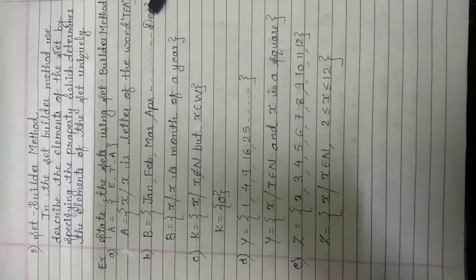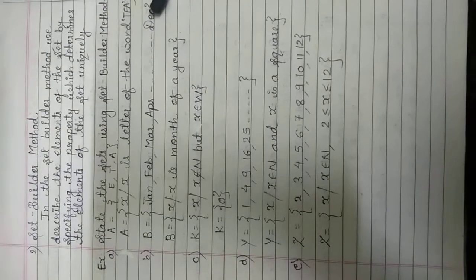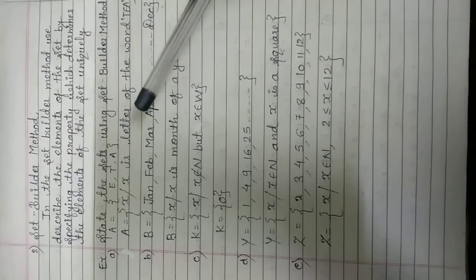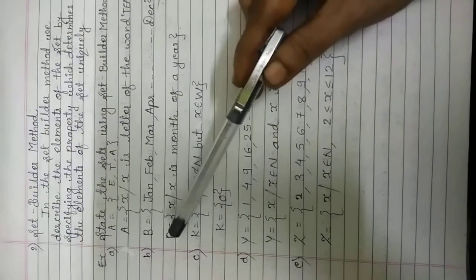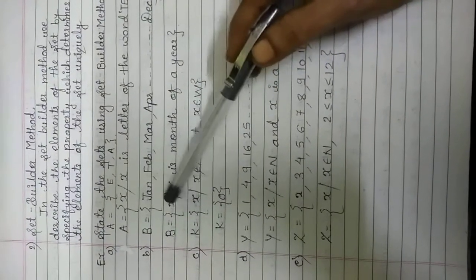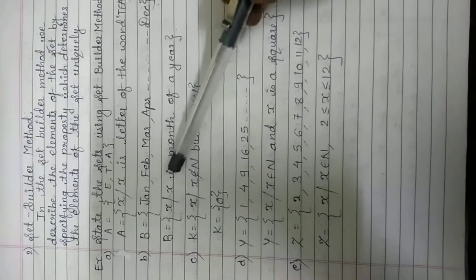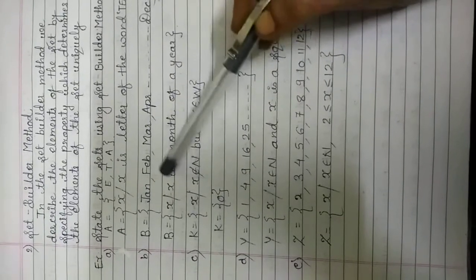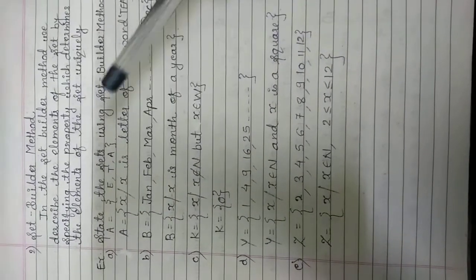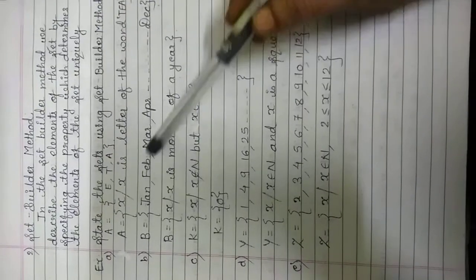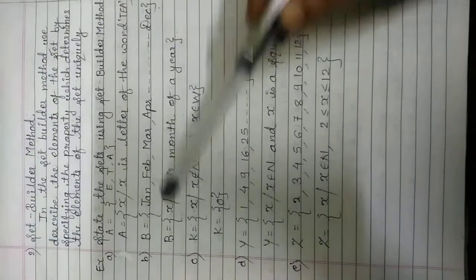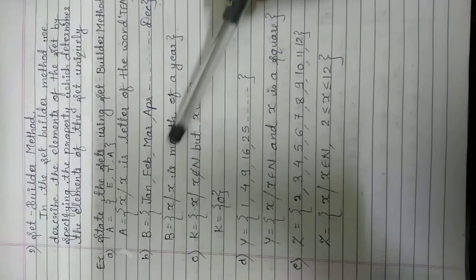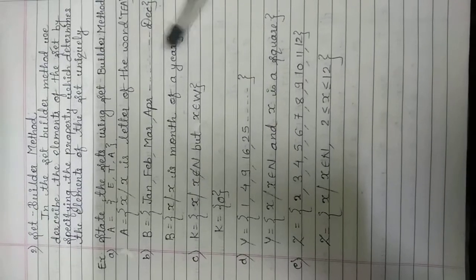But since while writing the set builder method we write the set uniquely, that means we write it for only one x, the answer will be B is equal to set of all x such that x is a month of a year. We write "is" because we are writing for only one element, even though all months of a year are given. So B is equal to set of all x such that x is a month of a year.